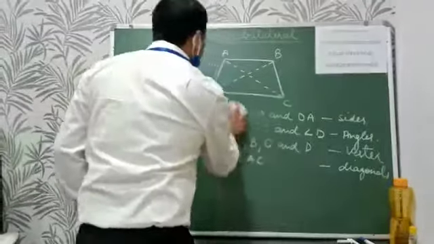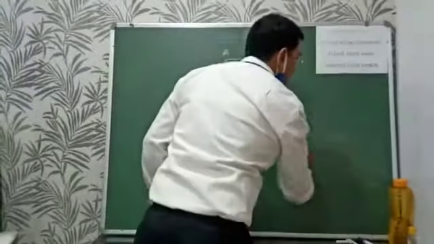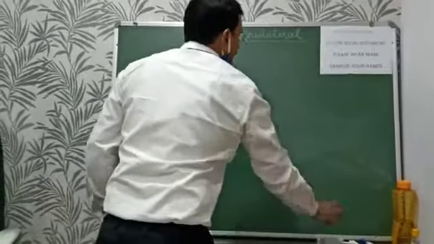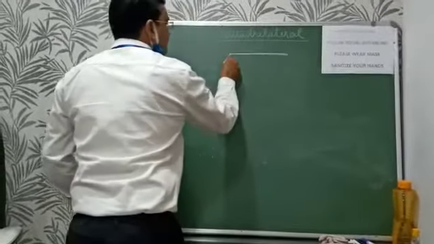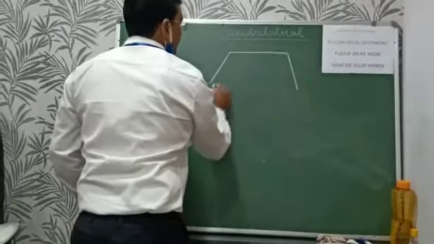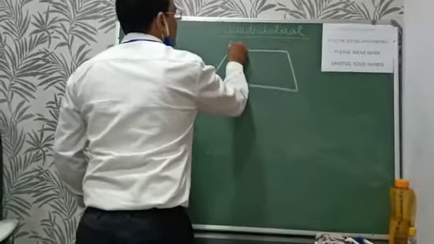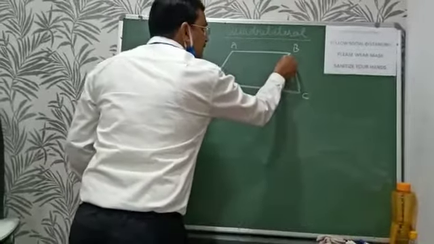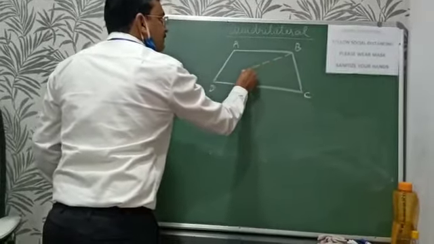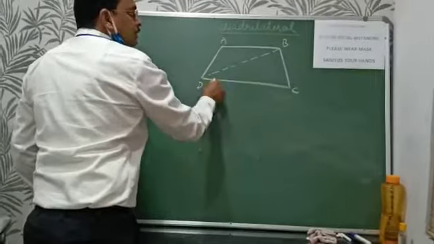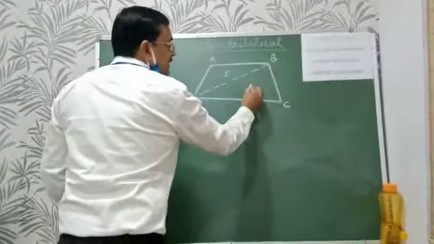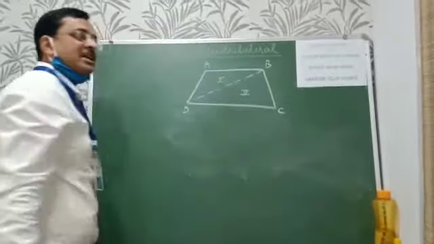Now in a diagram ABCD, when we draw the diagonal BD, 2 triangles are formed here. First and second, 2 triangles are formed here.